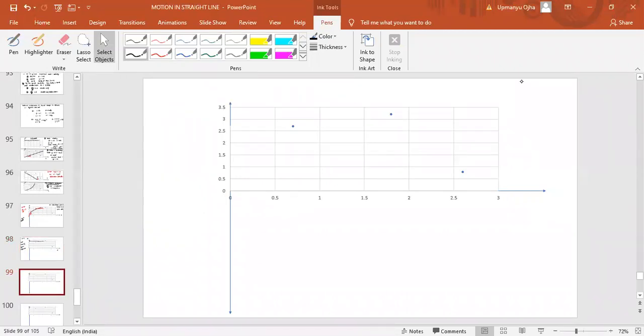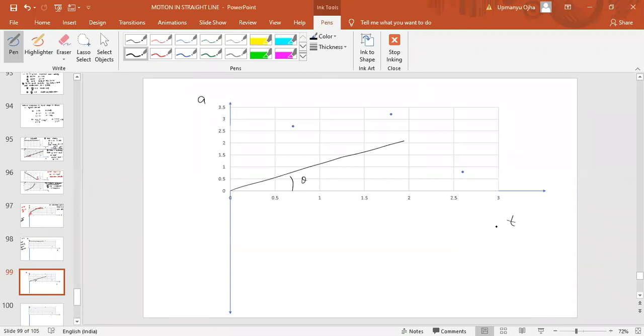Now next, if the graph is like this, a straight line inclined to the A and T axis, then what does this graph represent? If you take acceleration on the y axis and time on the x axis, and this graph is inclined at some angle theta, it means what?